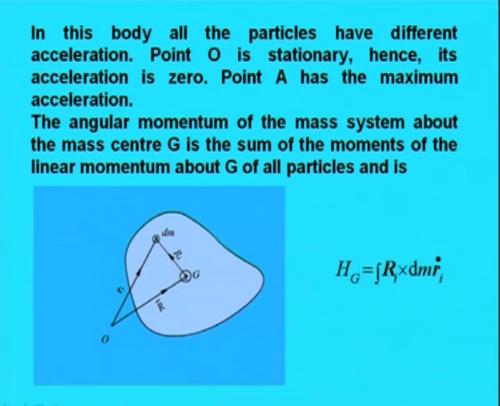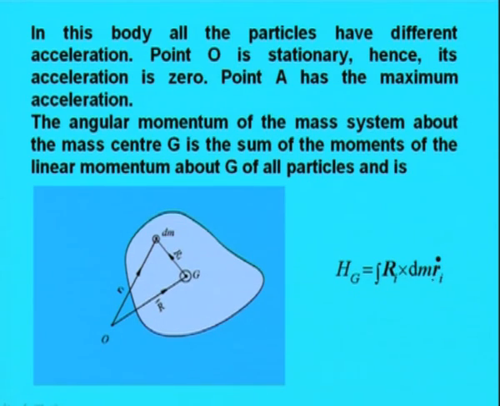This distance OG is R bar, and from G to dm I have denoted by capital Ri, and then small ri is the absolute displacement vector of dm with respect to O. So, you get Hg is equal to Ri cross dm Ri dot. This is the angular momentum about the mass center G.